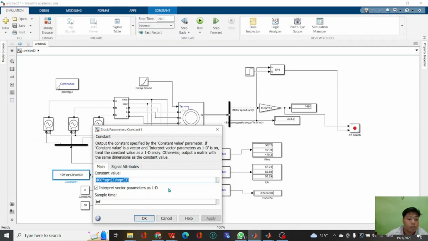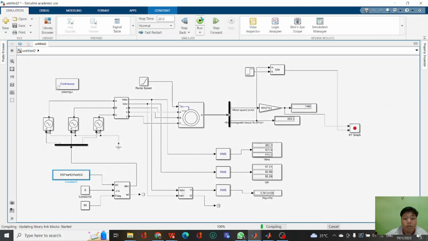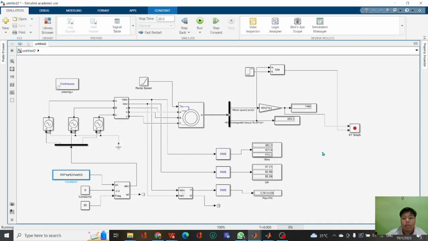400 multiplied by SQRT 2 divided by SQRT 3. Okay, and then we use 50 hertz, and then we can run to get the V, I and P in.